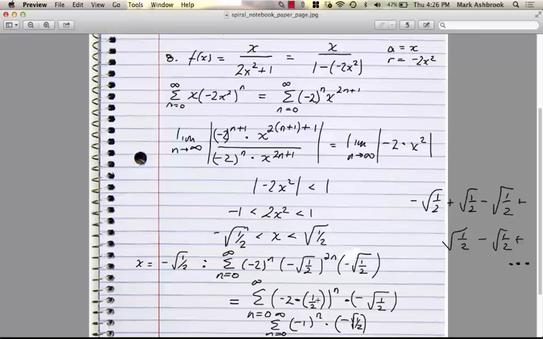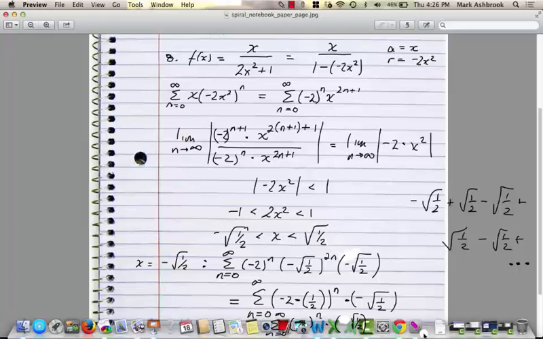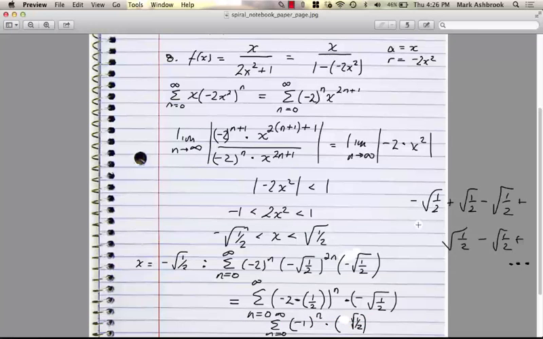I'm still going to get negative 1 to the n, but then over here it's going to be positive. It's going to do the same thing. So when x is positive square root of 1/2, I get this. And that also just flip-flops back and forth. Square root of 1/2 minus square root of 1/2, square root of 1/2 plus minus square root of 1/2. Just flip-flops, so it doesn't converge. So neither of the endpoints make it convergent.